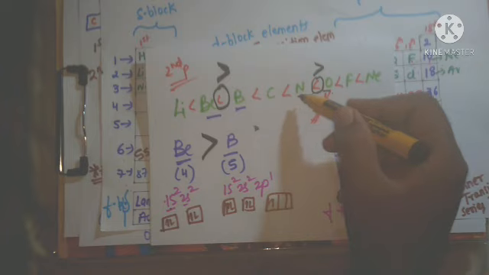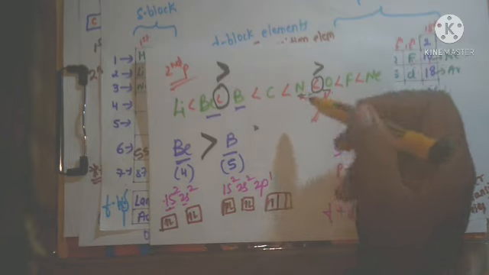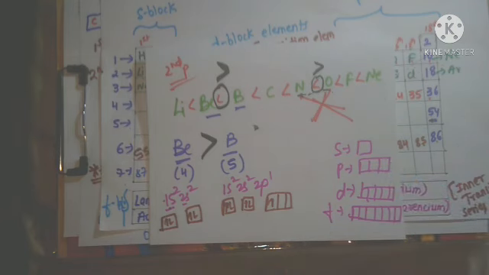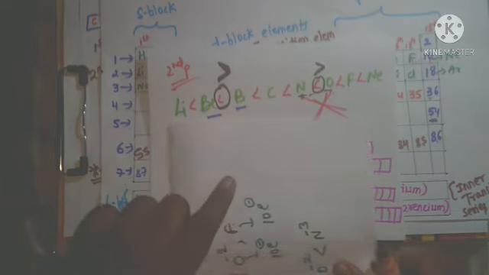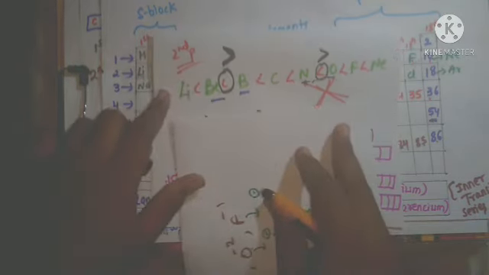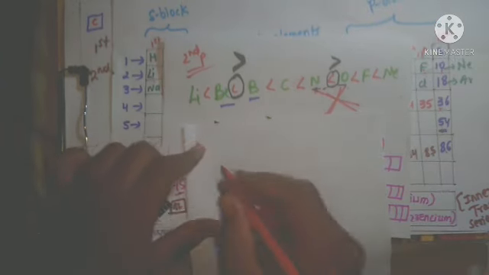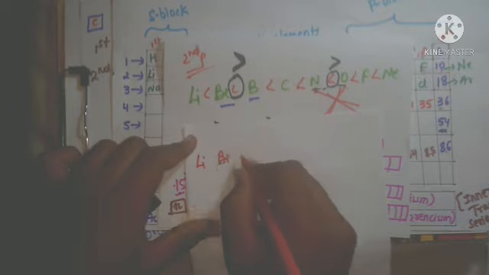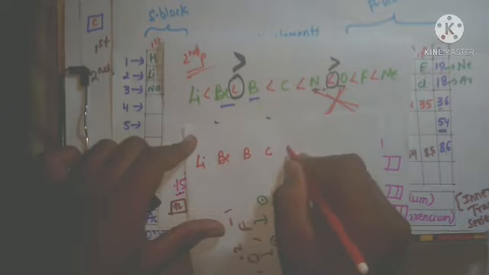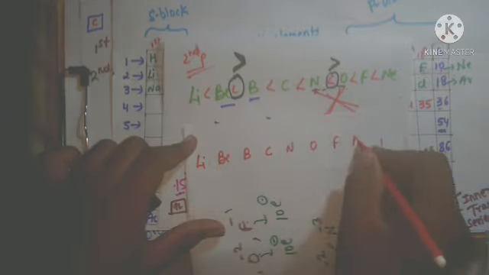Because nitrogen has completely half-filled orbitals. Then what is the correct order? I will write the correct order of ionization potential for the second period elements: lithium, beryllium, boron, carbon, nitrogen, oxygen, fluorine, neon.